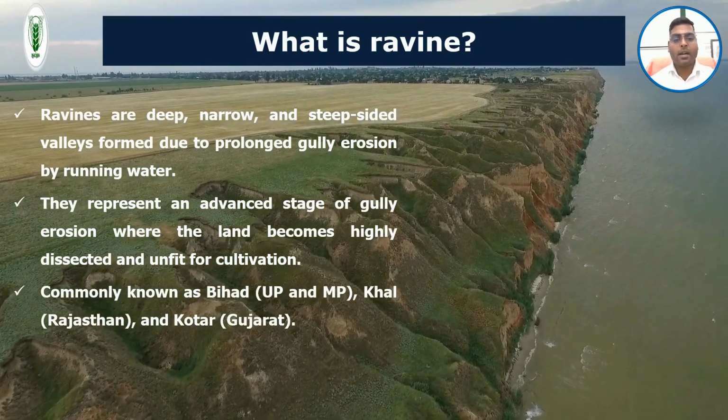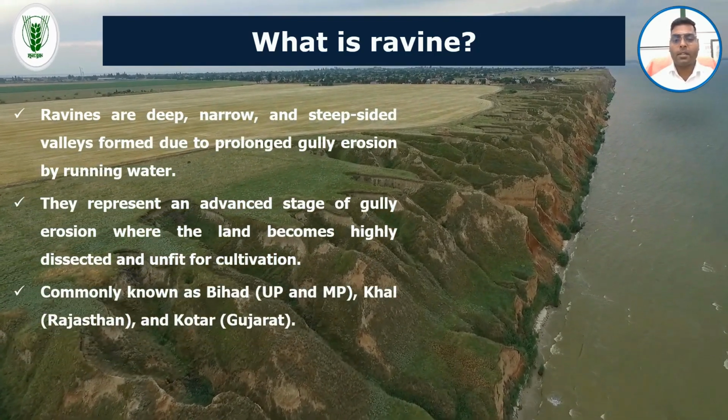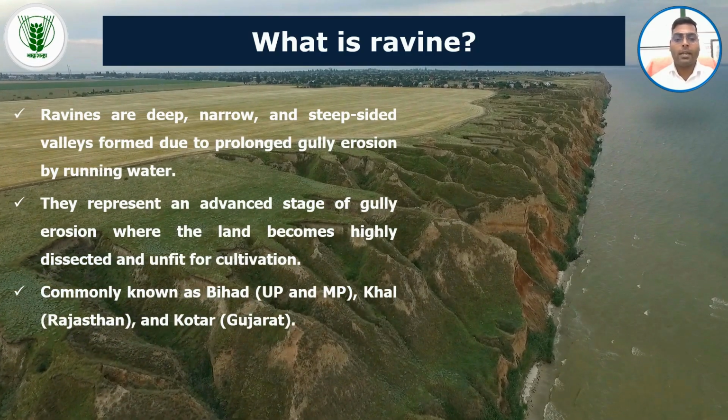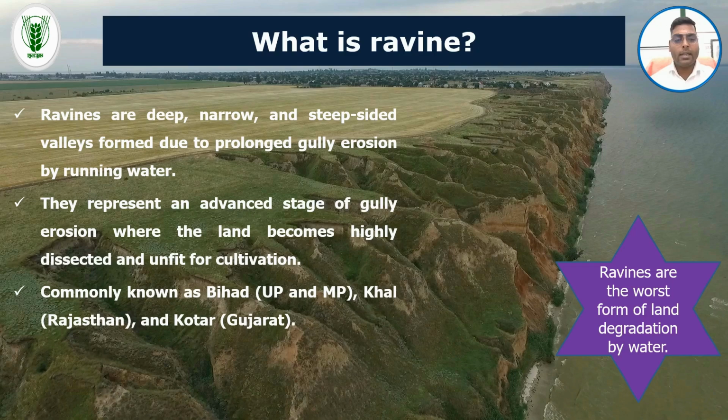Locally, ravines are known by different names like Bihad in Uttar Pradesh and Madhya Pradesh, Khal in Rajasthan, and Kotar in Gujarat. In essence, ravines are the worst form of land degradation by water.